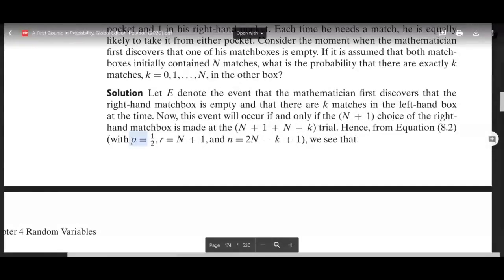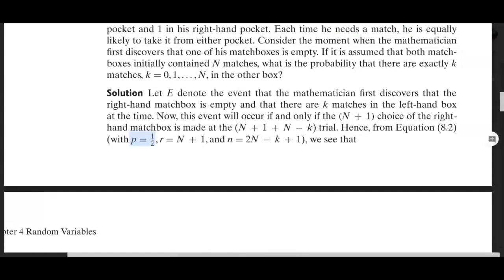Hence, from the equation, what do we have? Probability p equals half because it's from either box, we only have two boxes. And success r equals n+1. Then little n equals n+1 plus n minus k, which is 2n minus k plus 1.